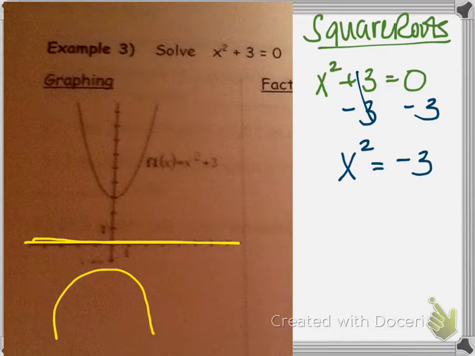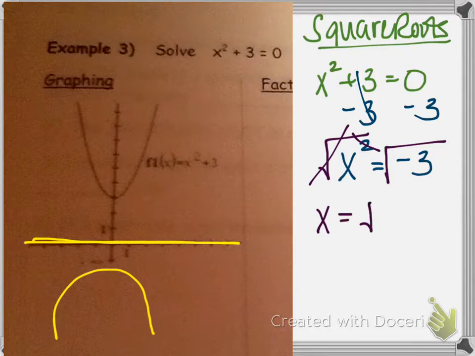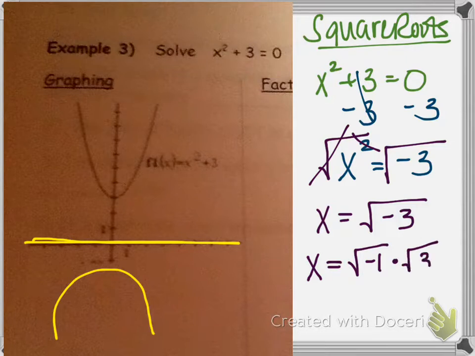And then how do we solve for x when we have x squared? Well, we square root. So square root of x squared and the square root of negative 3. Square root of x squared cancels those and leaves me with x equals square root of negative 3. But again, not allowed to have square root of a negative, so I have to pull out my negative 1 times square root of 3, and the negative 1 turns into the i.